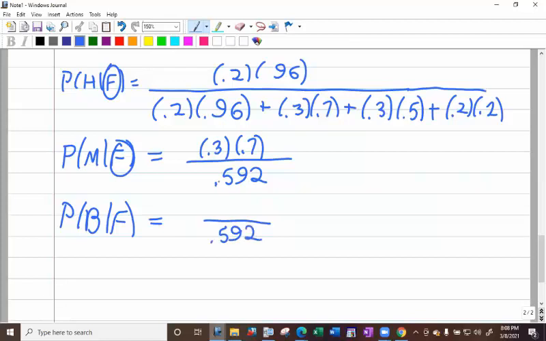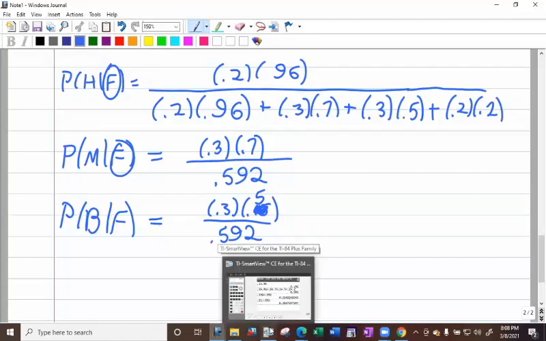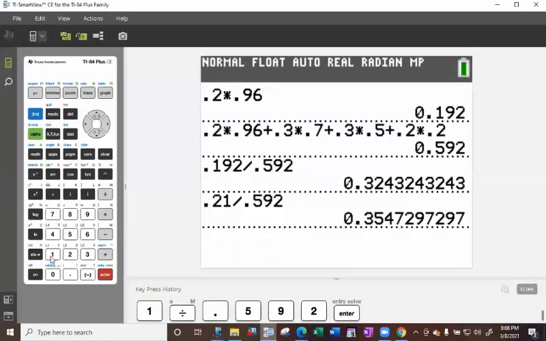So that'll be 0.3 and 0.5. Oh, I already multiplied it out in my head. That's going to be 0.15. So it's 0.15. Once again, don't do it in your head just because I am. 0.15 divided by 0.592.